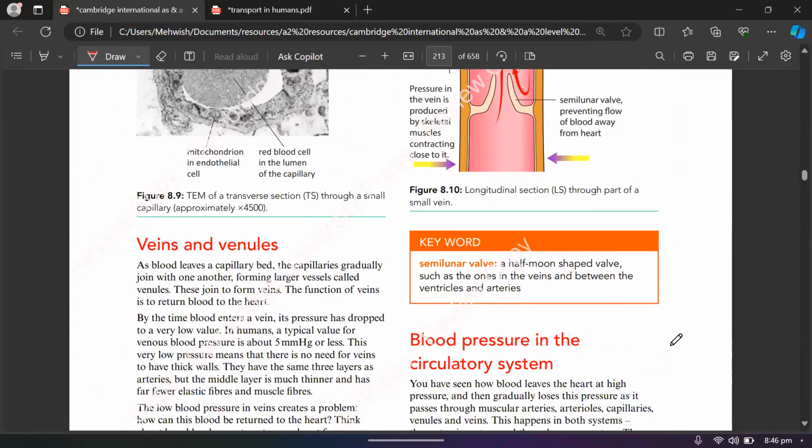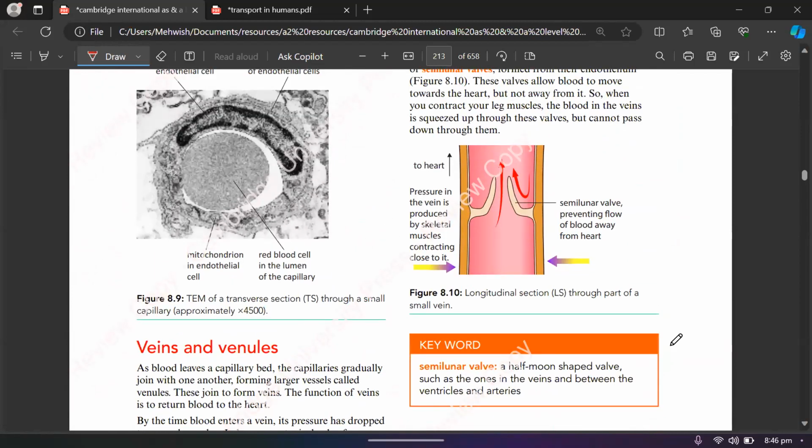We are done. And one more feature in the veins is that veins have these valves, whereas arteries don't have these one-way valves in them. Why? These valves are semilunar valves. Why do they have these valves? They have these valves to prevent the backward flow of blood. Because there is less pressure in a vein.